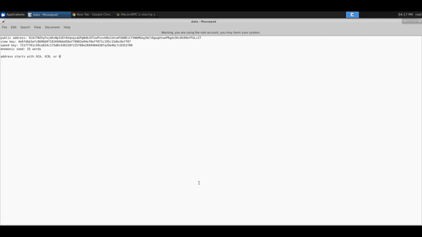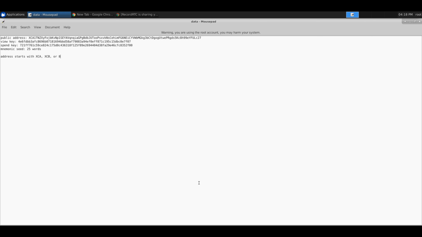And then the seed words are basically 25 words, and they're a combination of the public address, the view key, and the spend key. And it's just an easier way to import a wallet, essentially, is what they're used for. Because there's two ways in the wallet you can import or you can restore from keys, and you'd have to type in your public address, your view key, and your spend key.